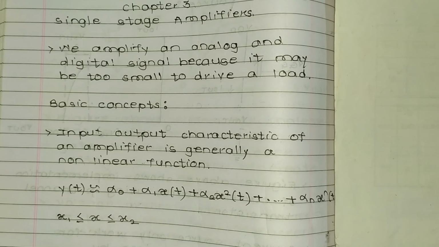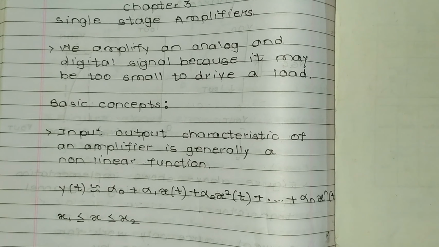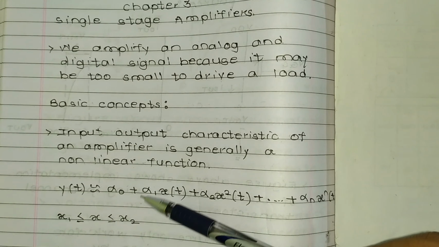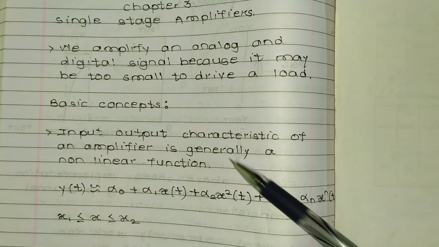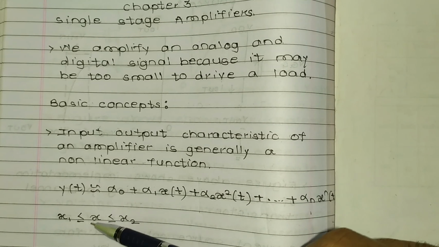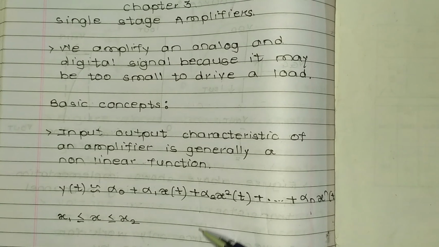So the input and output characteristics of an amplifier are denoted by a function y(t). y(t) is equal to alpha 0 plus alpha 1 x(t) plus alpha 2 x squared(t) and so on up to alpha n x raised to n, for x between x1 and x2. So this is a non-linear function for the input-output characteristics of an amplifier.